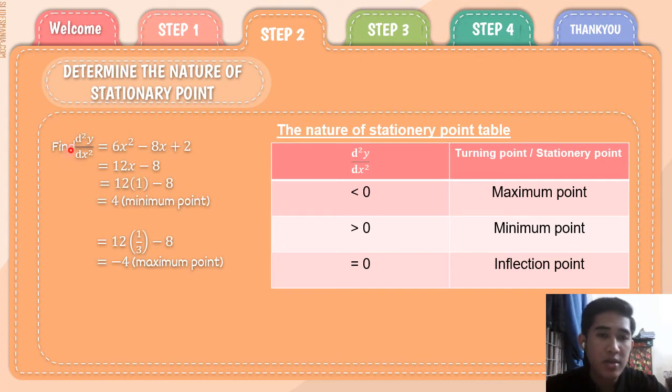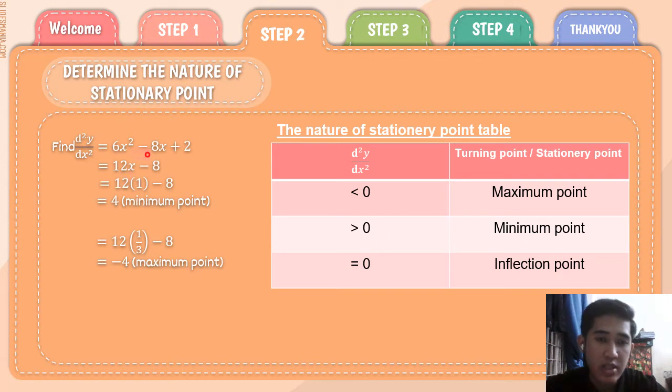To find d squared y over dx squared, we differentiate 6x squared minus 8x plus 2. This comes from differentiating the equation that we got from the question earlier. Differentiating 6x squared, the power moves to the front, so it is 6 times 2, x to the power of 2 minus 1, and we get 12x.